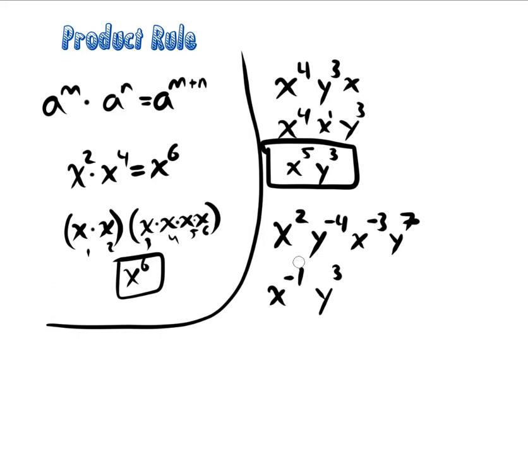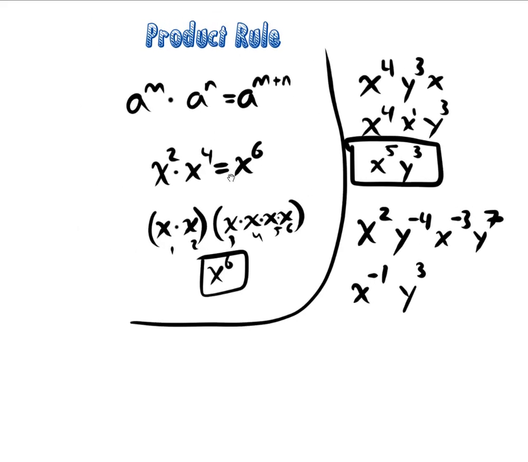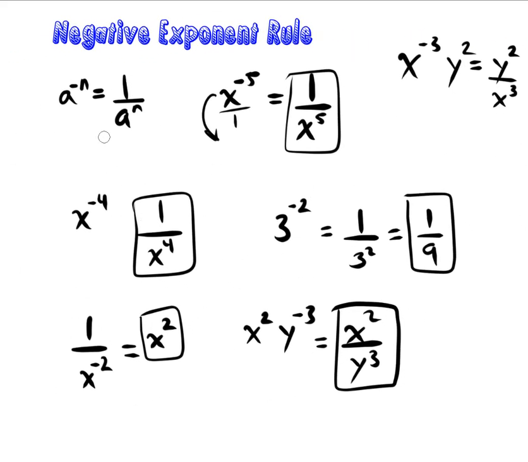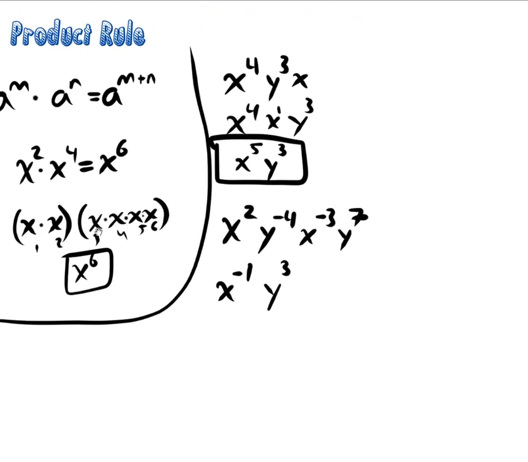What did we say earlier about a negative exponent being in your final answer? Hopefully you remember from the negative exponent rule that you can't have a negative exponent in your final answer. So what you have to do is move it to the other side of the fraction bar.